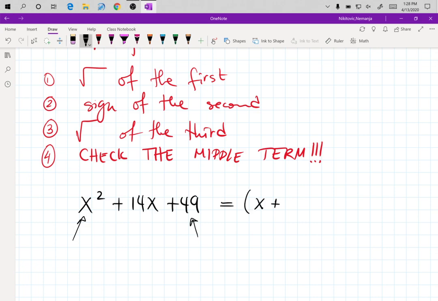Sign of the second, that's a plus. Square root of the third, that's a 7. And now we check the middle term. 2 times x times 7 is 14x, so we're good to go. So that's how it goes in this case.